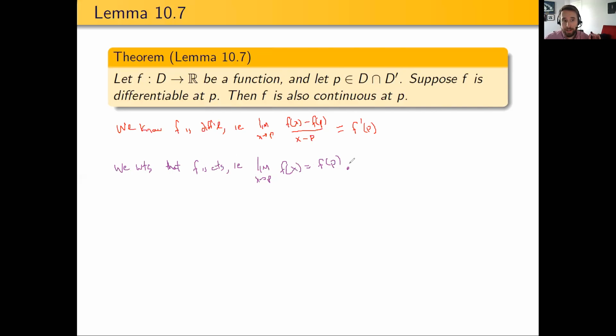Now, you might think that we would have to construct some sort of challenging epsilon delta argument here. We know that some limit is true, which means that there's some epsilon delta structure that is true. We're trying to show that this limit equals f of p, so we're trying to show that some epsilon delta structure holds true down here. You might start by trying to think in terms of epsilons and deltas.